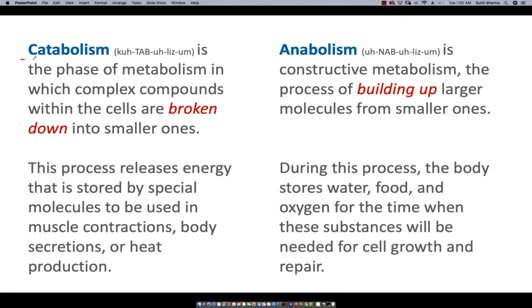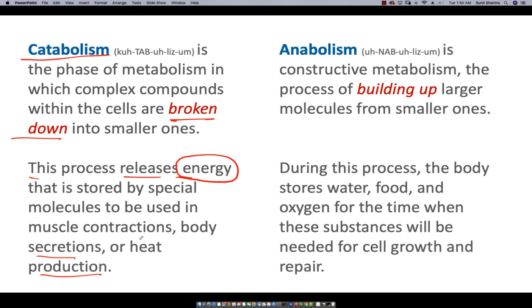In catabolism, when the breaking down process happens, the book tells us this process releases energy that is stored by special molecules to be used in muscle contractions, body secretions, or heat production. So what are our cells doing? They're helping with muscle contractions, body secretions, or heat production.